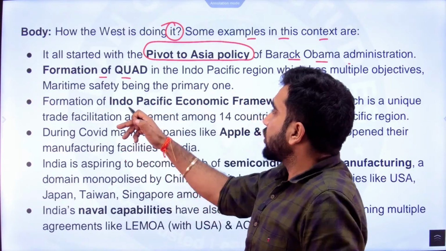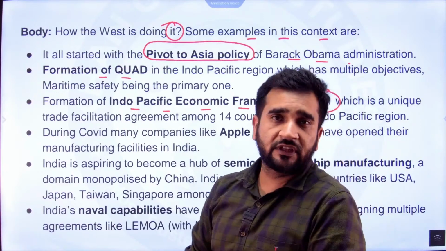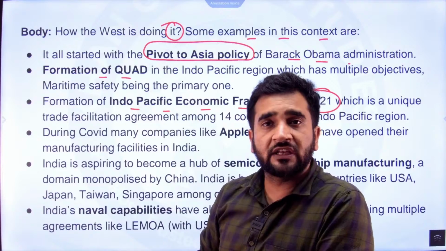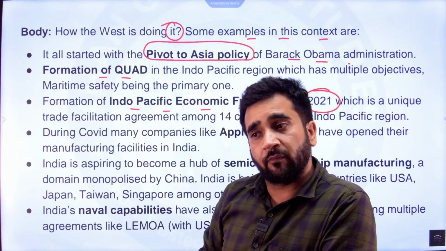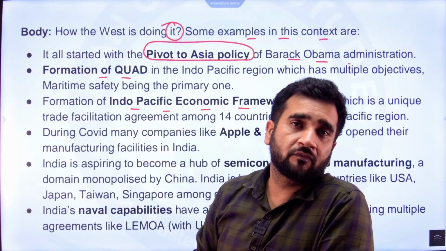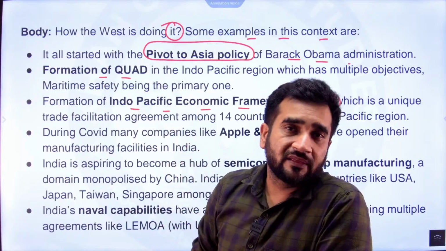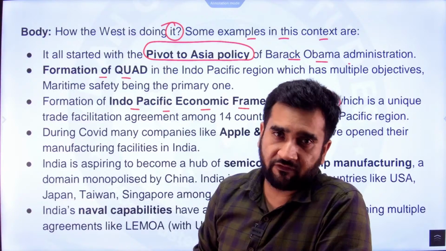Then the formation of the Indo-Pacific Economic Framework in 2021, IPEF. This is a unique framework, a trade facilitation agreement in which trade is facilitated. There are 14 countries, and again the aim is to contain China, to increase trade among these 14 countries and reduce their dependence on China. This is what IPEF is aimed at.